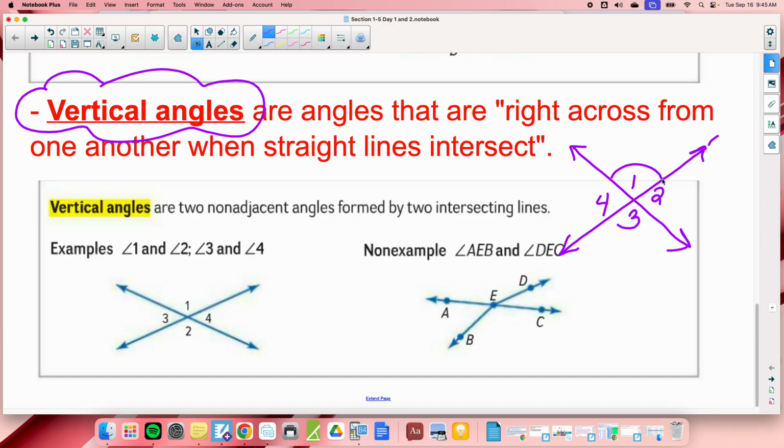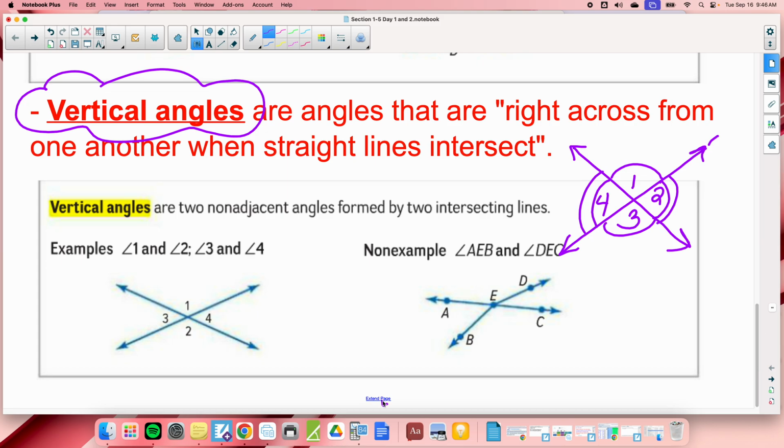So angle 1 here would be congruent to angle 3, okay? Now, another thing that would be true is 2 and 4 are also vertical. So we have our 2 intersecting lines and they're angles that are across from one another. So 2 and 4 are also vertical and they're also equal to each other.